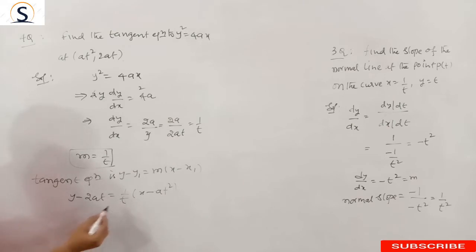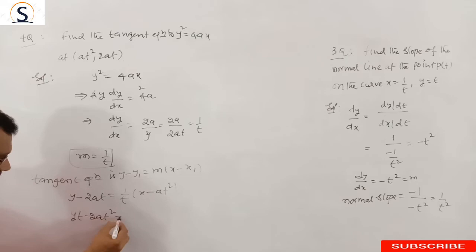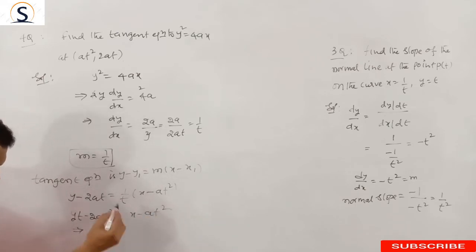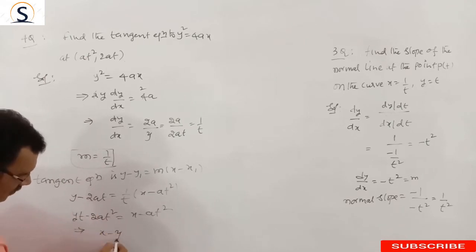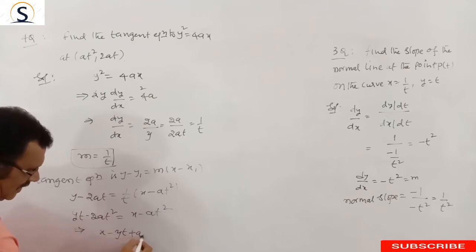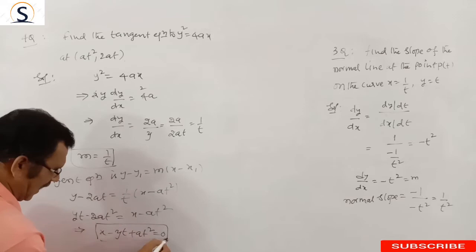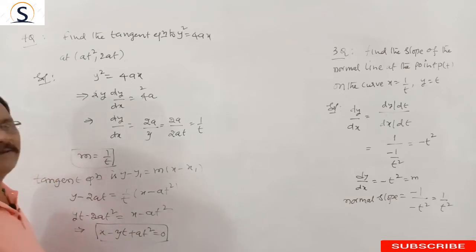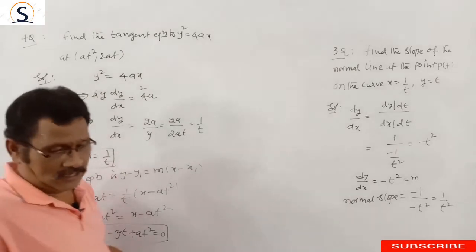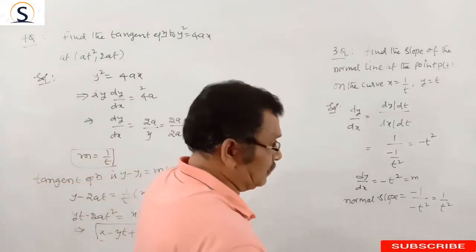Cross multiply: yt minus 2at square is equal to x minus at square. Or if I want to write it in order, it is x minus yt minus at square plus 2at square, that is plus at square, is equal to 0. This is the tangent equation to the parabola y square is equal to 4ax at the point (at square, 2at). Okay.